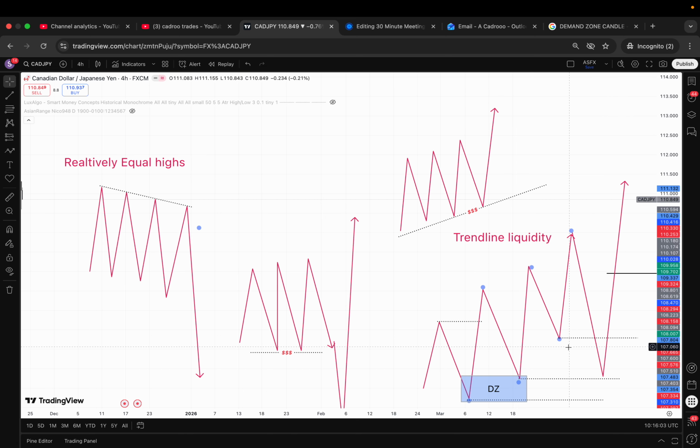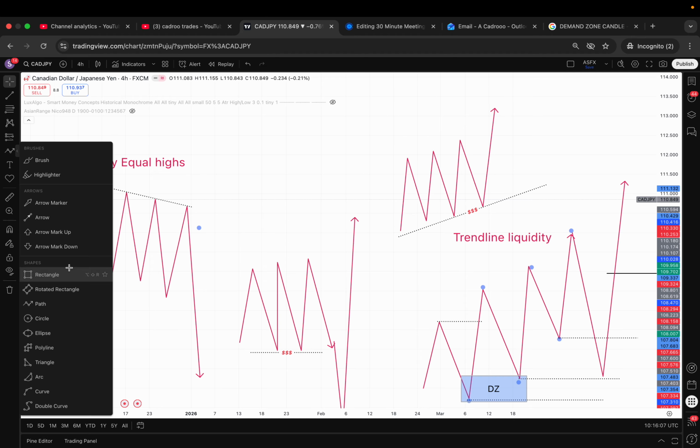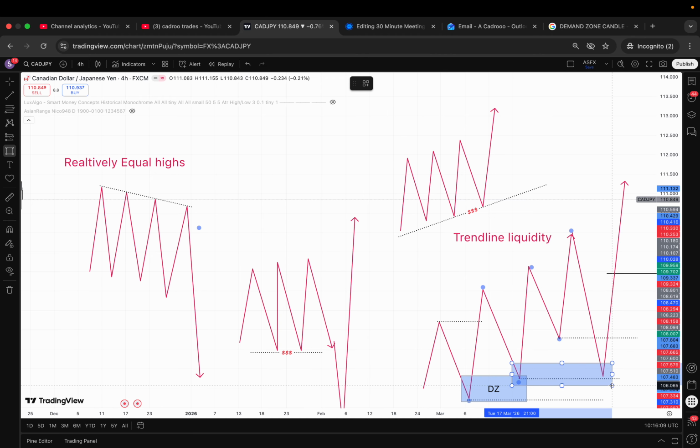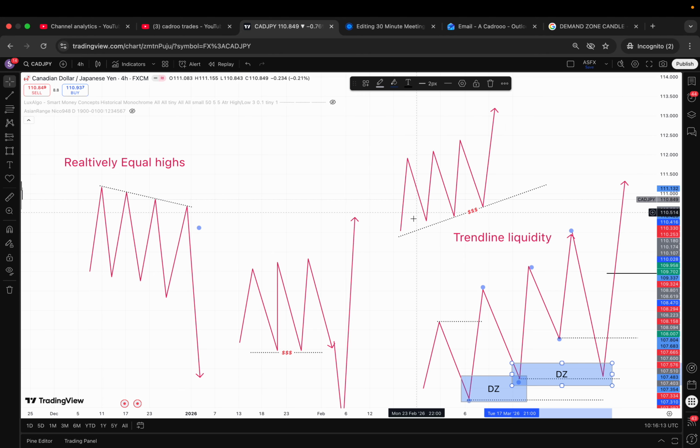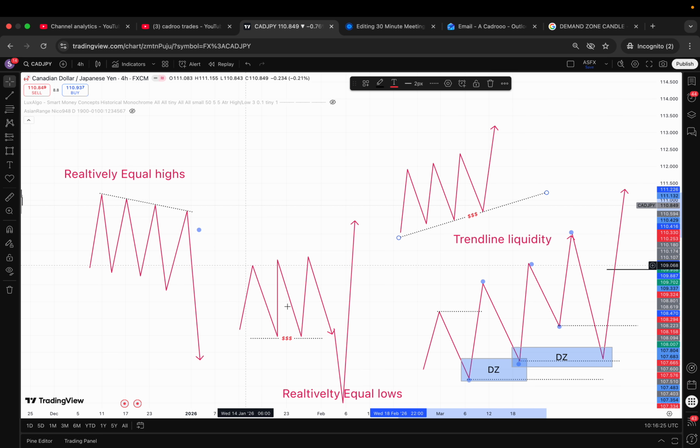So this served as liquidity for this move to hold. Liquidity must be taken for price to continue its move. Yeah, so we've talked about relatively equal highs, relatively equal lows, trendline liquidity, and structural liquidity.